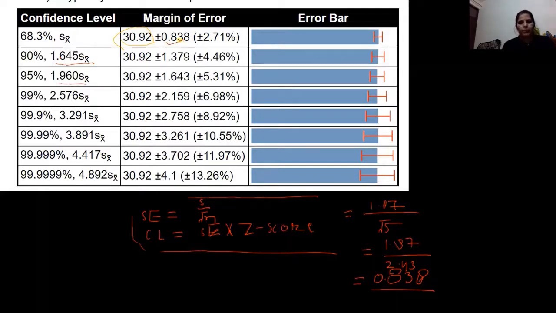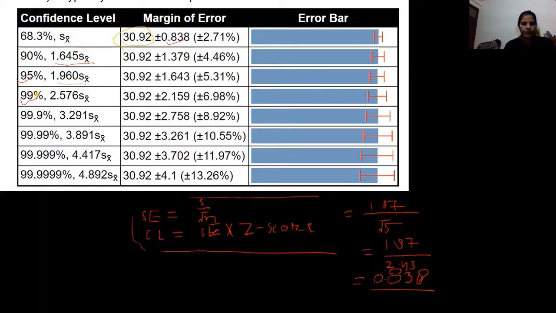Similarly, we will calculate margin of errors for the other given probability levels, but the most commonly used ones are 95% and 99% in R&D. With 68%, we become only 68% sure that the population mean lies within one standard error of the mean.